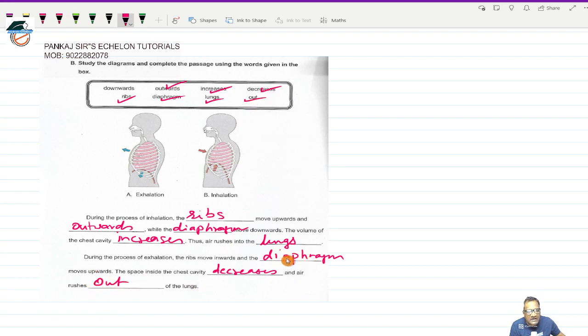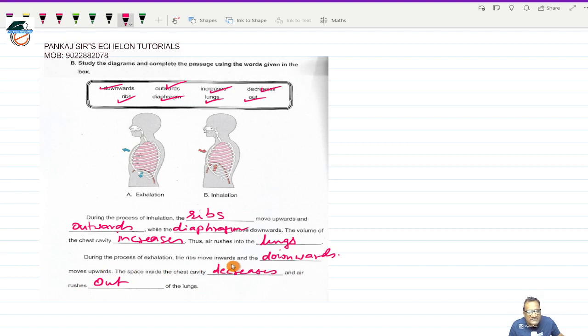Now this diaphragm I have used twice, so let me not use it now. I'm going to use downwards. So during the process of exhalation, the ribs move inwards and downwards. Okay, this is very ambiguous.